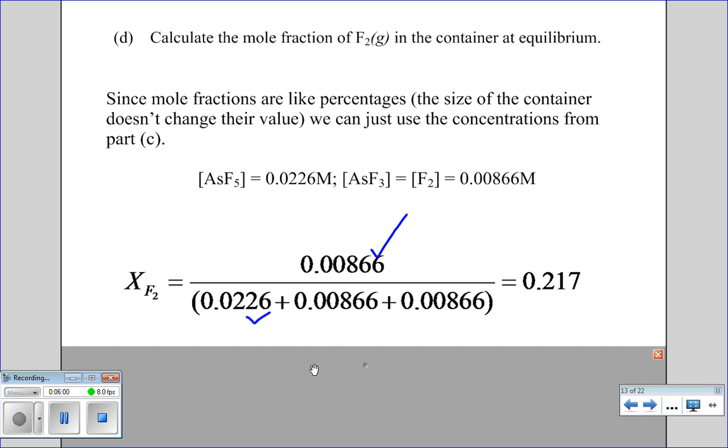So that's my arsenic pentafluoride, my arsenic trifluoride, and my fluorine gas. And I find out that the mole fraction is 0.217. As I said, you could do this finding each mole and then going through this process again, but it will get you the same answer.